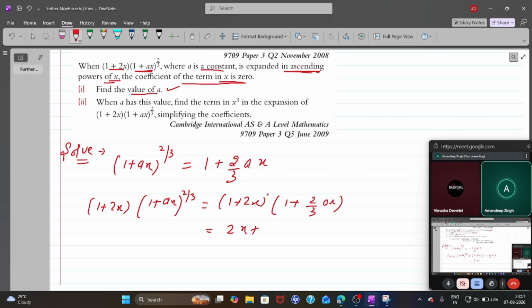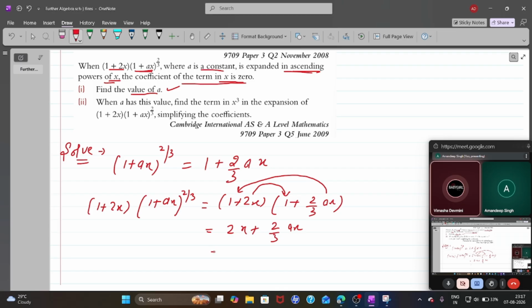I mean the terms having x. So we get x if I multiply 2x and 1. We get x if I multiply 2 by 3 ax by 1, right? I believe you understand. Now I can take x common and I'll have 2 plus 2 by 3a.